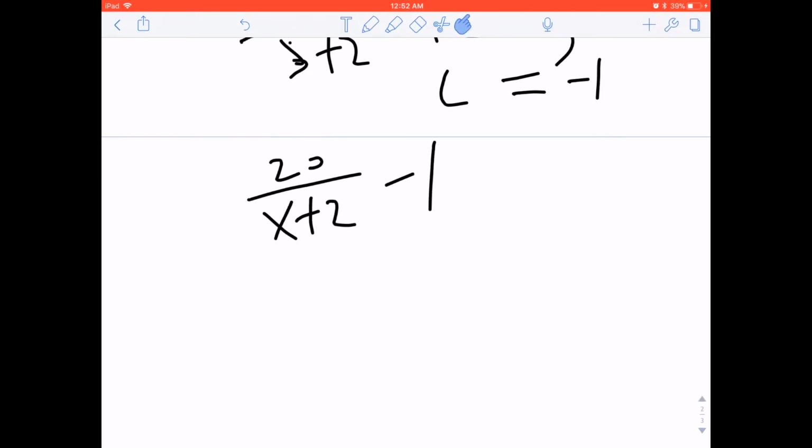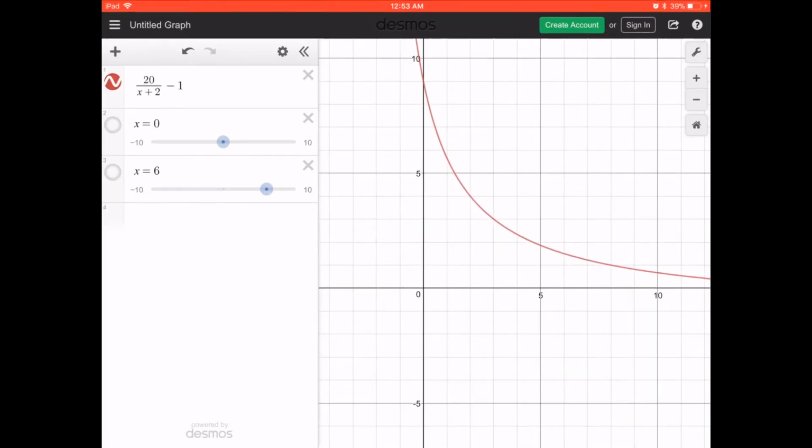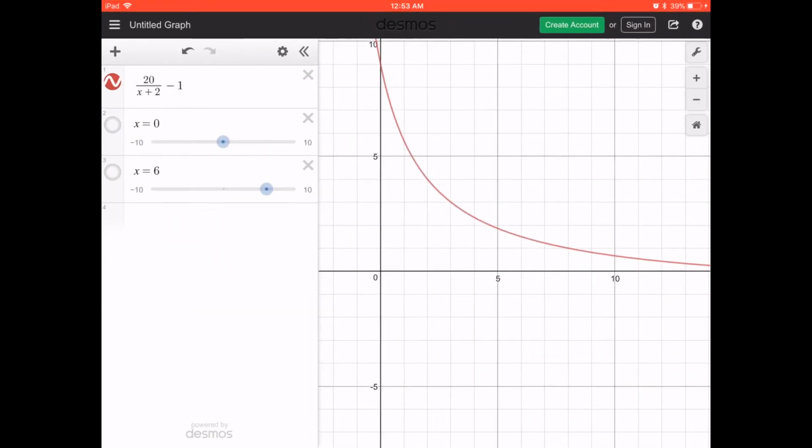So now we draw this function in decimals, which is this graph, and in order to find our final volume, we have to know the bounded area between x equals 0 and x equals 6.